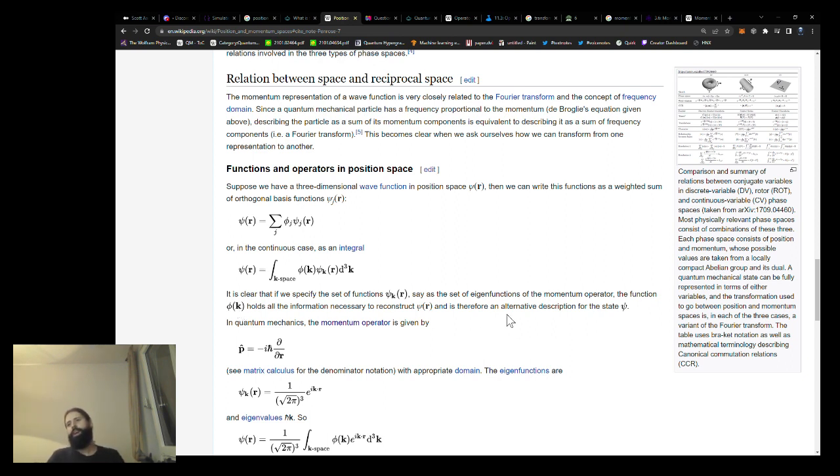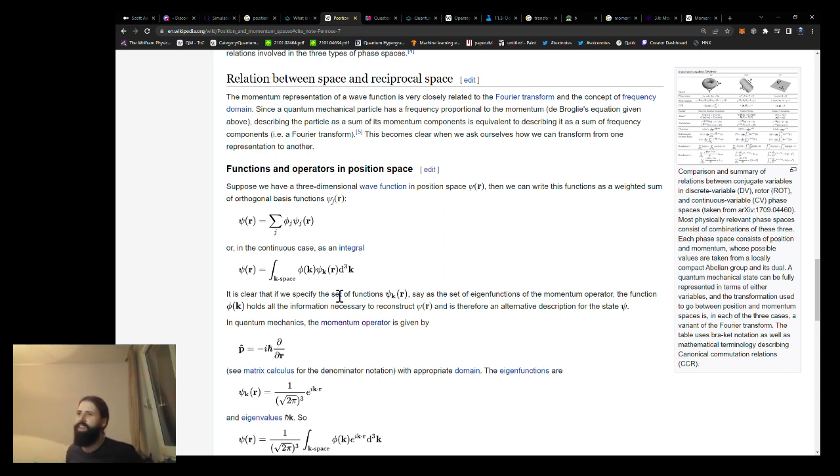Okay, that maybe helped. So if you pick these up, that's just the way you define it. You define the wave function in momentum space as being this guy here.